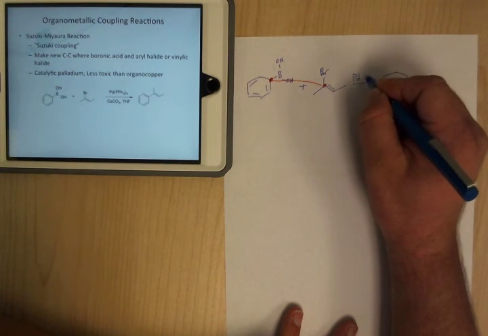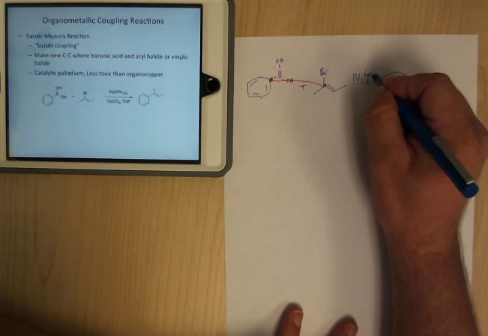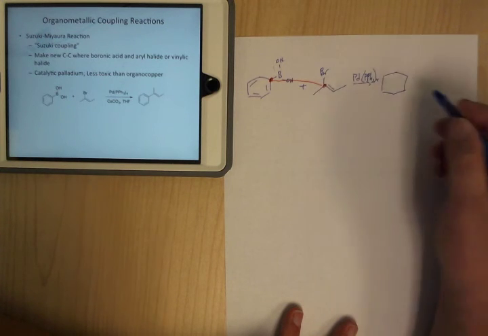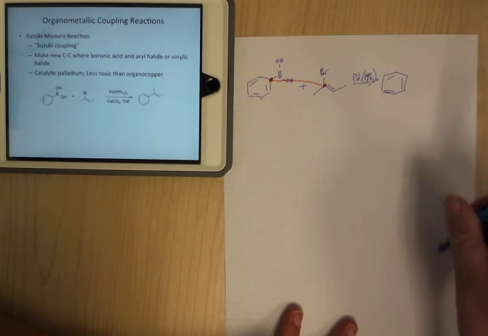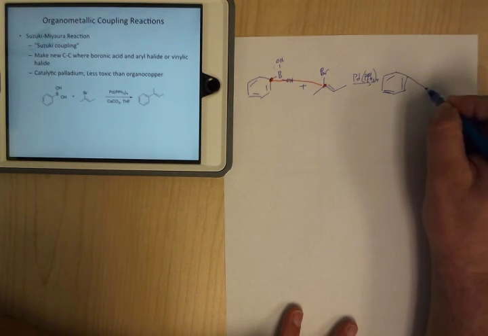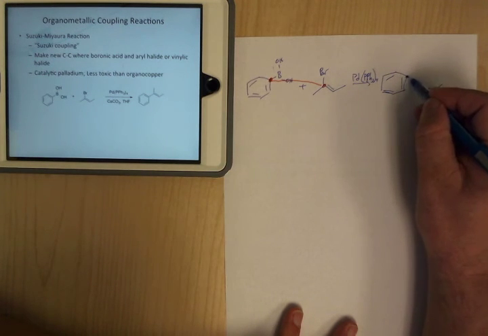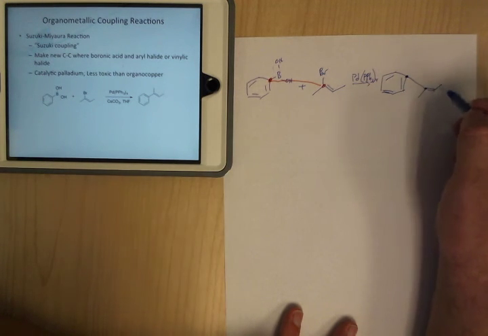So you need a palladium triphenylphosphine. It looks really ugly, but here's the reaction that ends up taking place.